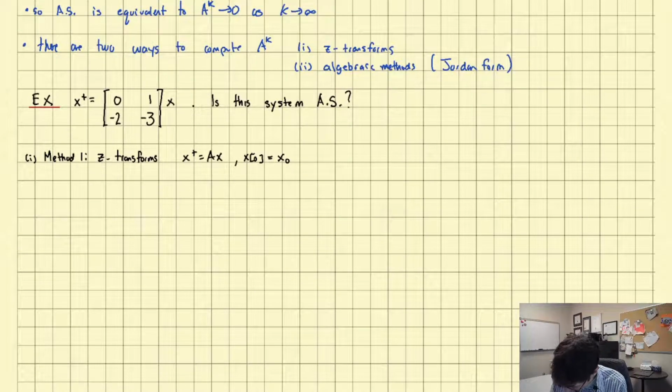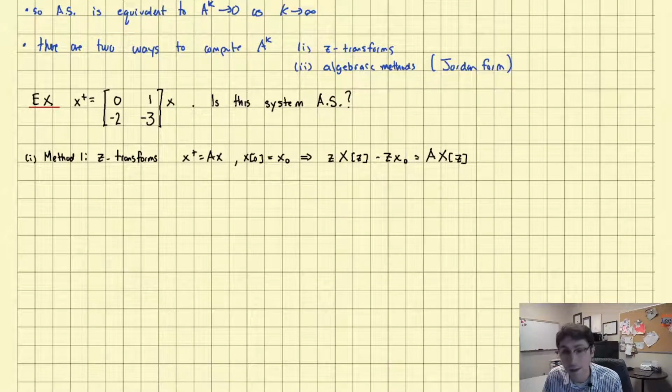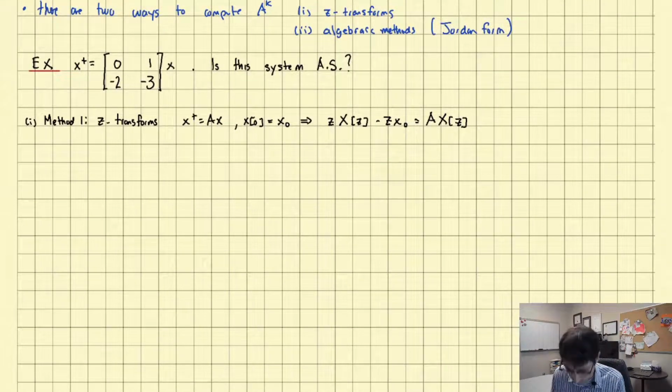So taking Z transforms, kind of like what we did last class, except now we're not going to assume the initial conditions are 0 because we're not looking for a transfer function, we're looking for the effective initial conditions. So we will get the following using our Z transform tables, equals AX of Z. Rearrange to isolate for X, and you will get the following.